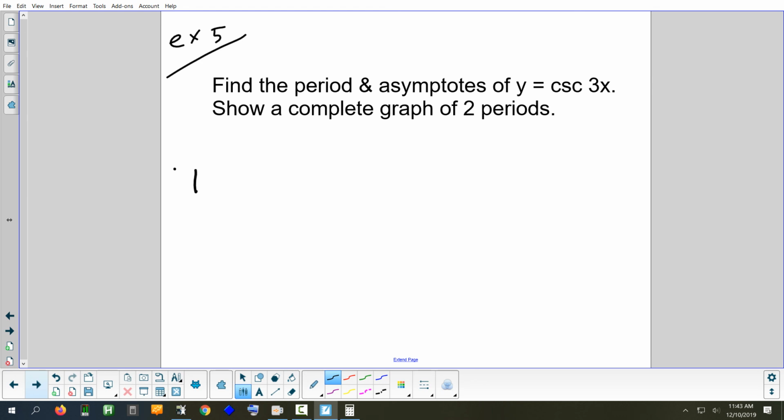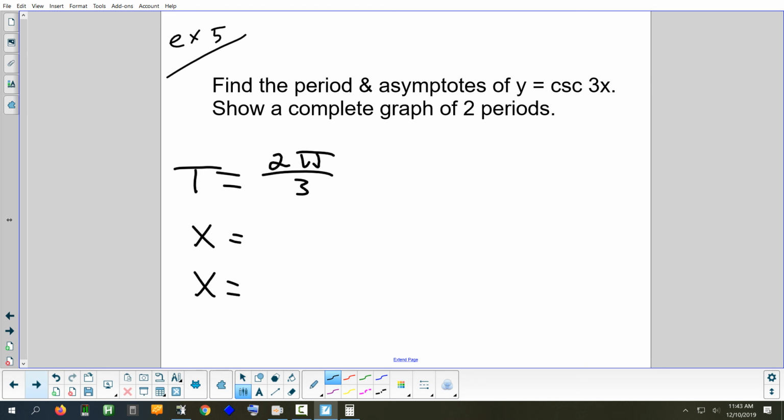Okay. What's the period of cosecant 3x? 2 pi over b, so in this case, yep, you could write 2/3 pi, 2 pi over 3, same thing. All right, asymptotes. How many asymptotes per cycle of a cosecant function? 2.